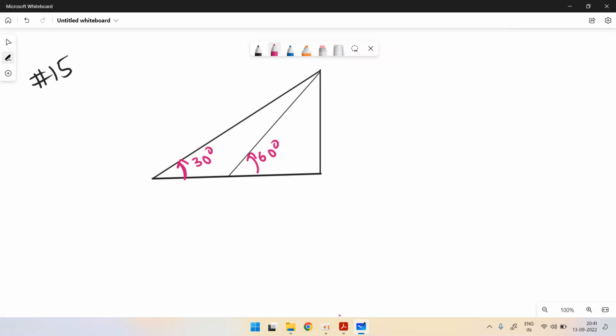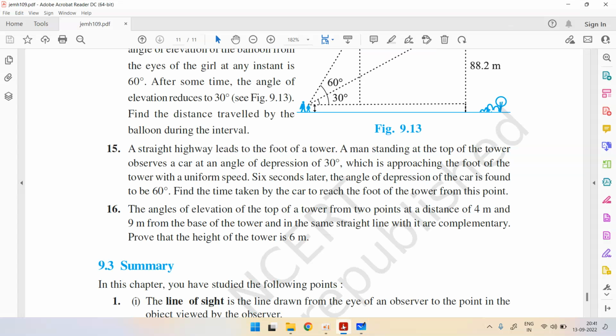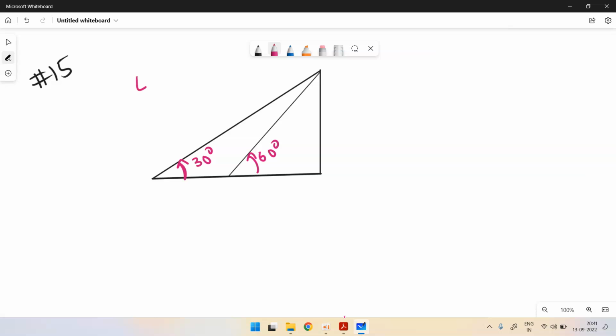In how many seconds? The time is given as 6 seconds, and it is traveling with a uniform speed. This uniform speed is important because the speed here is constant. So the time is given to be 6 seconds.